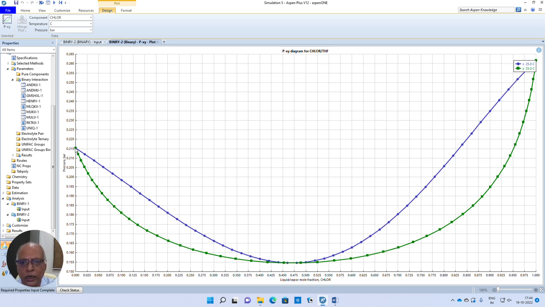So if you try to join the P1 with P2 by means of a straight line, P versus x is lying below this. So this is a system exhibiting negative deviation from Raoult's law. So negative deviation from Raoult's law will be forming minimum pressure azeotropes, right? And you can see the composition of this azeotrope, and you can also prepare this Pxy diagram at whatever temperature you want.